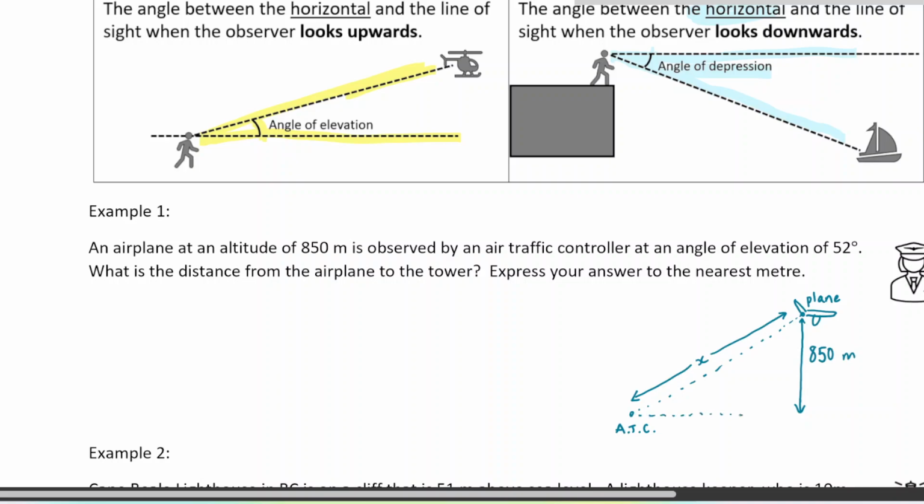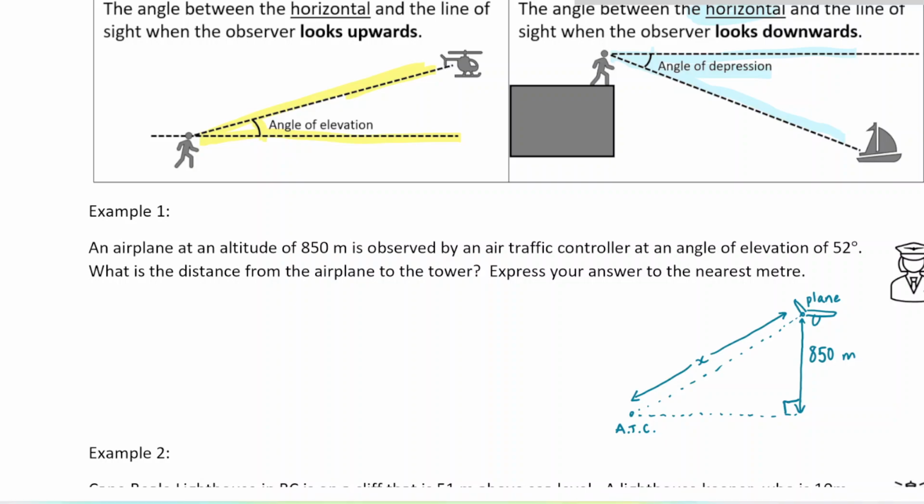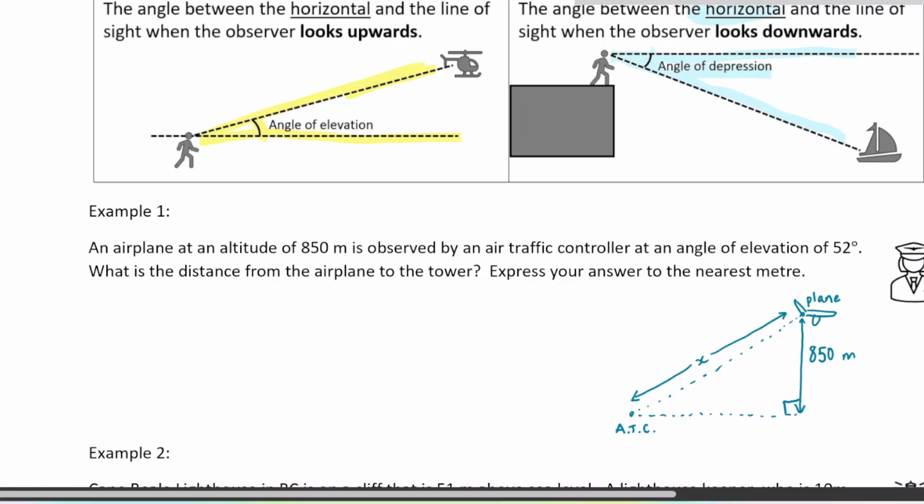I'm going to draw another dotted line here. So you see the right triangle forming. So your diagrams should have a right triangle in them. And it says the air traffic controller has an angle of elevation to the plane of 52 degrees. So it's always the angle with the horizontal line. So it's like this angle, this air traffic controller would have to move their head upwards to look at that plane. So that is 52 degrees.